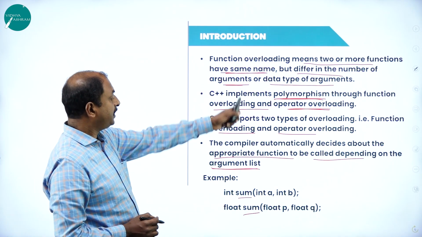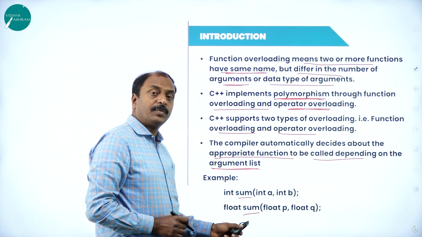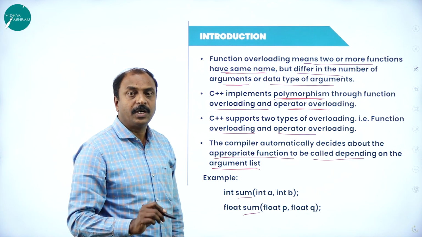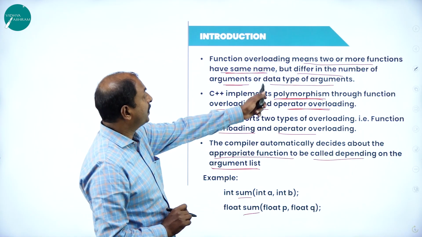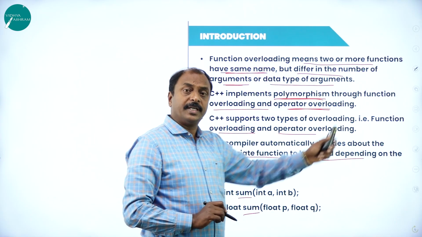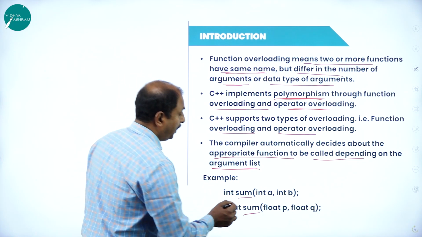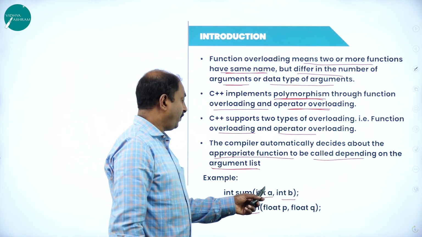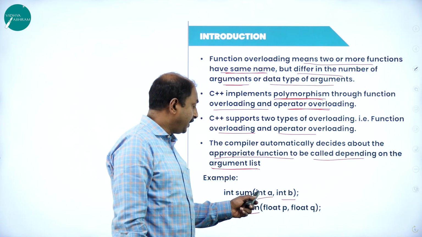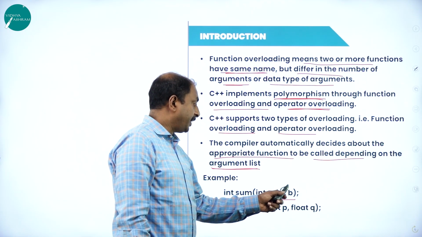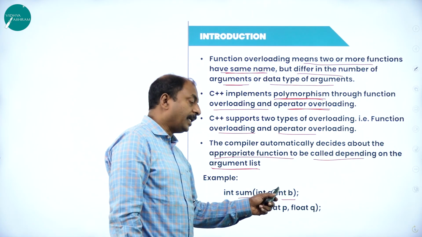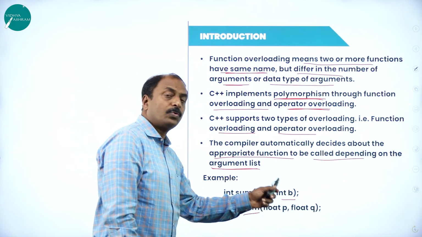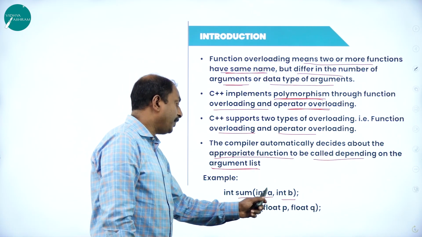So, the definition is more than one function with the same function name but differing in their argument list or parameter list along with the data type of arguments. That is important. Here int a and int b: the first argument is a, data type int, the second is b, data type int. So, in this example there are two parameters or arguments of data type int.